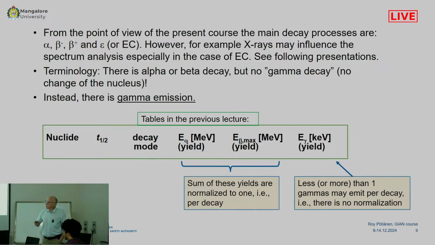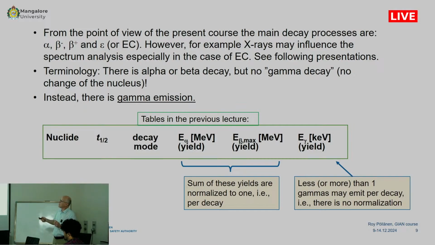And this process generates X-rays because the electrons must be rearranged in a new format.